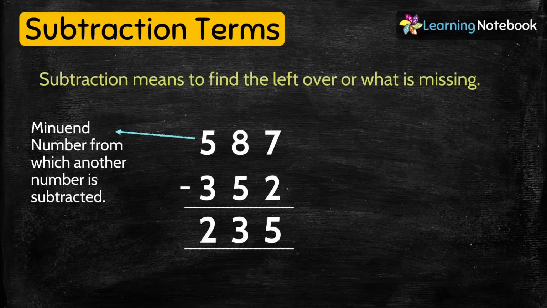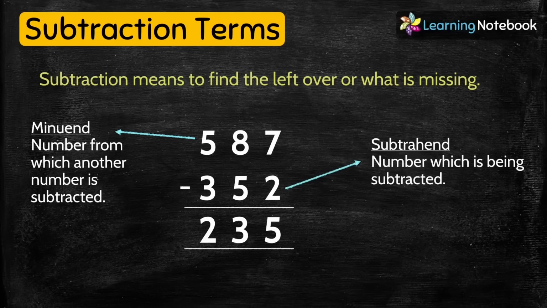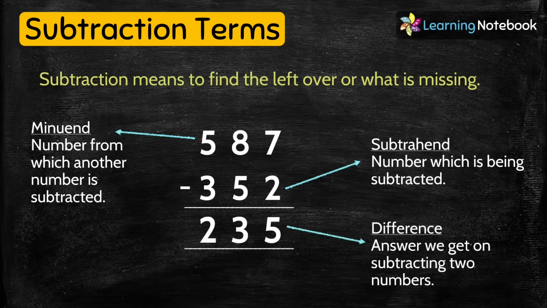And the number which is being subtracted is called subtrahend. So here 352 is subtrahend. And students, the answer that we get on subtracting the two numbers is called the difference. So here 235 is the difference.